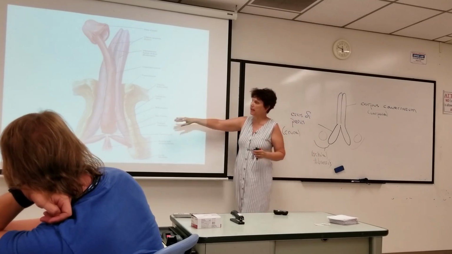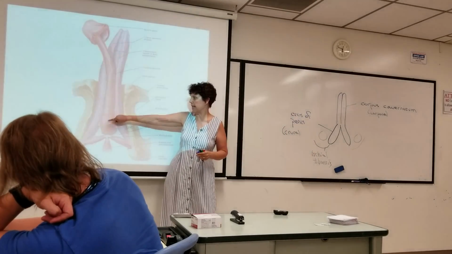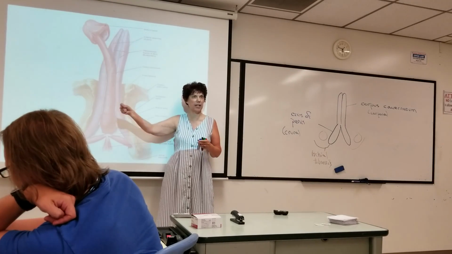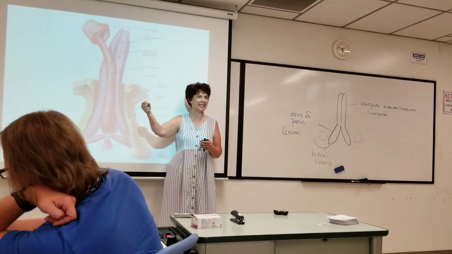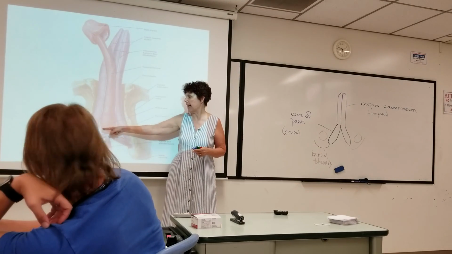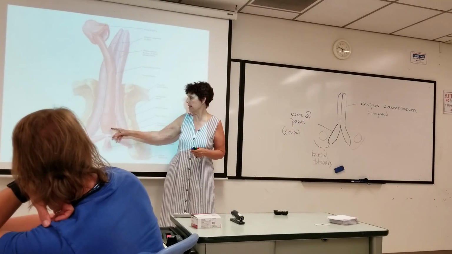So now we're going to look at this middle structure. And the bulb of the penis is supported by a muscle here that I'll draw in just a moment. It's the sphincter that you voluntarily relax or contract to keep urine from leaving the body. And that's where the urethra actually enters into the penis, through the bulb.